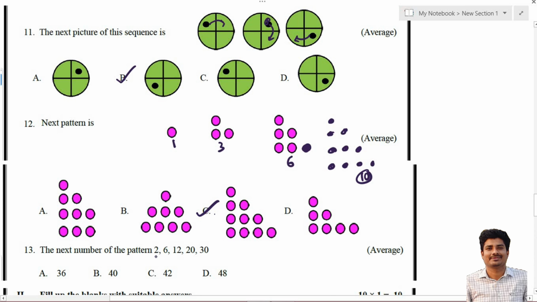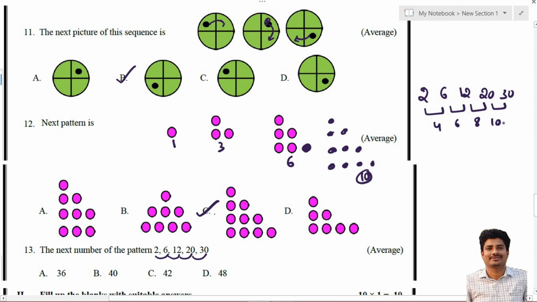The next number of the pattern 2, 6, 12, 20, 30. Let us rewrite these numbers one more time. See the gap here: 2 to 6 gap 4, 6 to 12 gap 6, 12 to 20 gap 8, 20 to 30 gap 10.